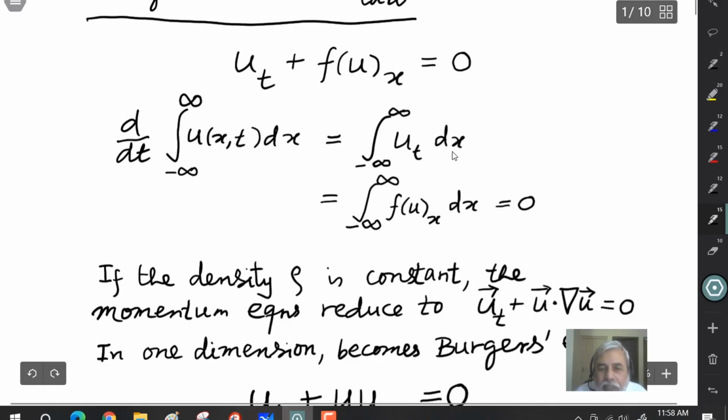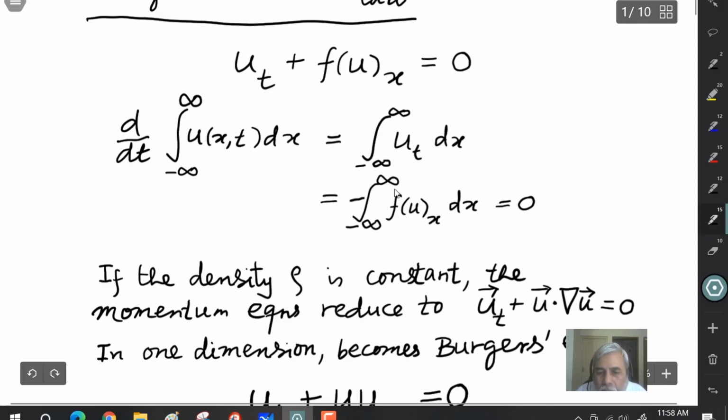So you will get the integral of u_t, that is minus the integral of f(u)_x, and this is a derivative.